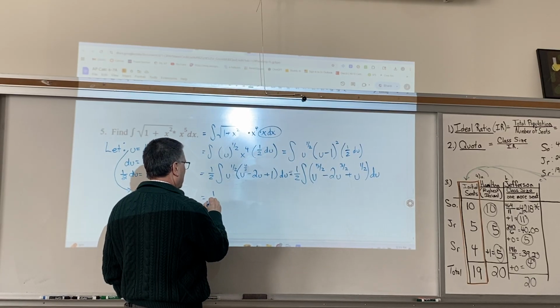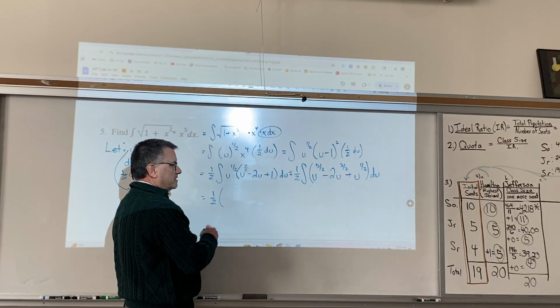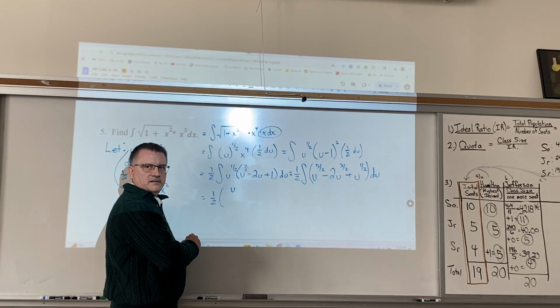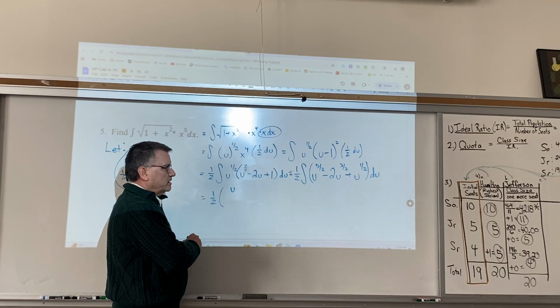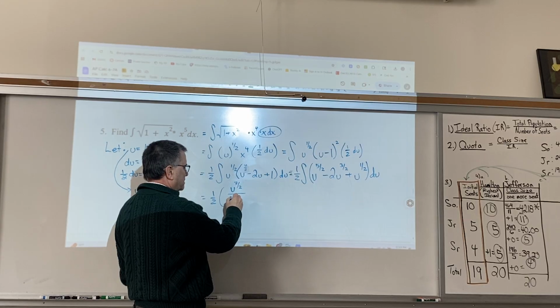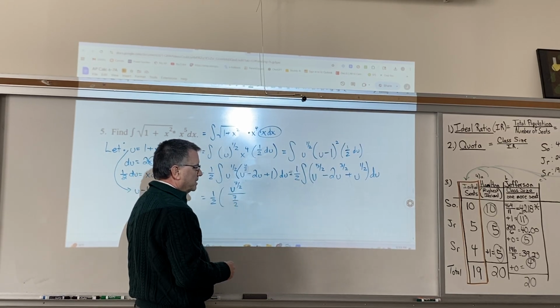Okay, so we have the 1/2 here, so let's do each part by itself. This is gonna be u, add 1, 7. u to the 7 halves, over 7 halves, and we'll clean it up. We got enough going on here, we'll clean it up next step.